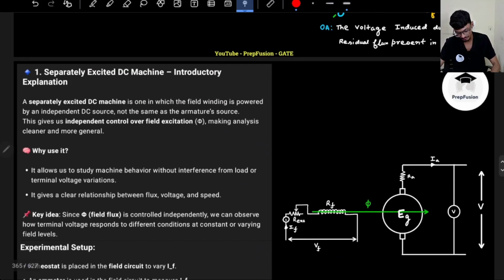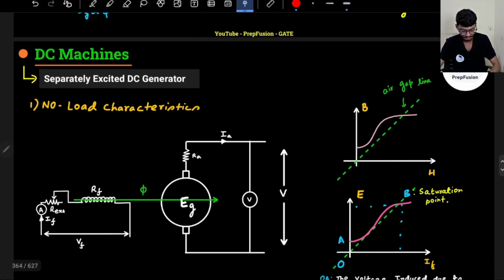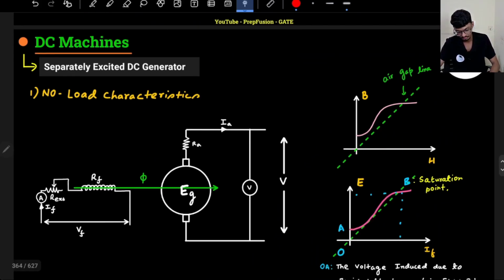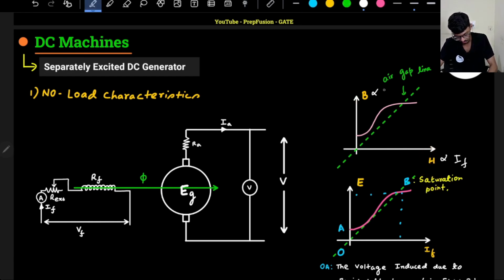So this is the magnetization curve of the machine. It is almost similar because varying flux is the same as varying the magnetic field density, and varying current is the same as varying the field current. So H will be proportional to IF and B will be proportional to phi.